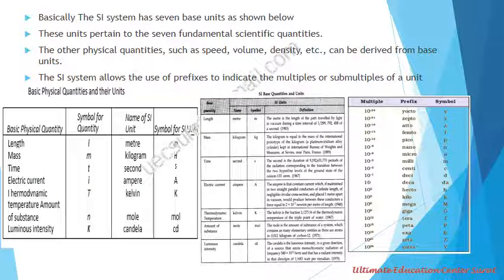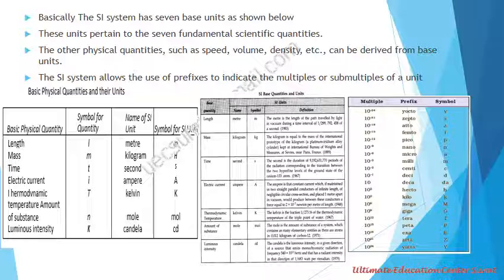Basically, the SI system has 7 base units as shown below in the chart in front of you, in which the first one is length, then mass, time, electric current, thermodynamic temperature, amount of substance, and then luminous intensity.